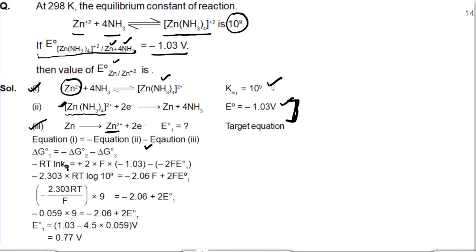So let us say it is delta G naught 1, delta G naught 2 and delta G naught 3. So delta G naught 1 is equal to minus delta G naught 2 minus delta G naught 3. So in this way we get the value. I hope you can do these calculations, because n, what is the value of n here? 2. Okay.